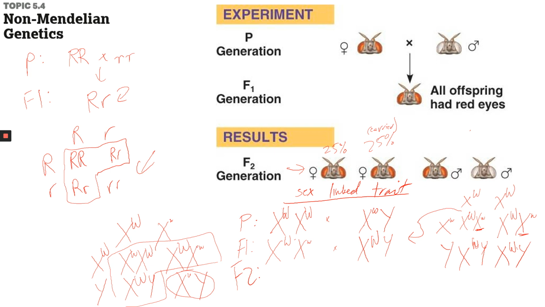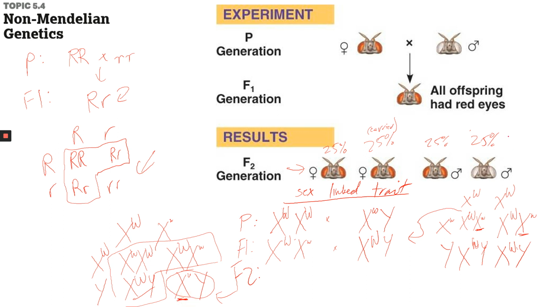And then he ended up with half of the males, or 25% of his total population, being male and red-eyed. That's this guy right here. And 25% ended up being male white-eyed. 25% had the mutation. Again, keep in mind, this male that I've circled down here does not have that X chromosome to cover up that recessive trait, so he just shows that recessive trait.